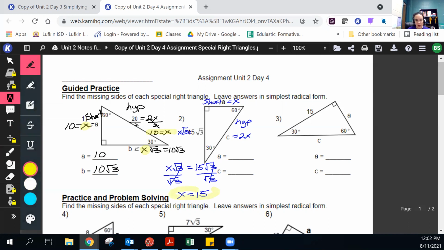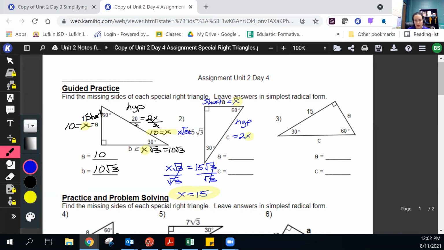Now we can plug that x in anywhere we had x. So our short side is 15, and our long side is 2 times 15. 2 times 15 is 30. Our long side, our hypotenuse, is 30.